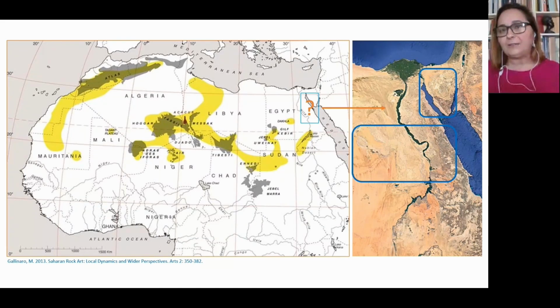And as a matter of fact, it's also a work in process within Egyptology, because it's a part of the ancient Egyptian heritage that is less known and less used in developing our understanding of ancient Egypt.